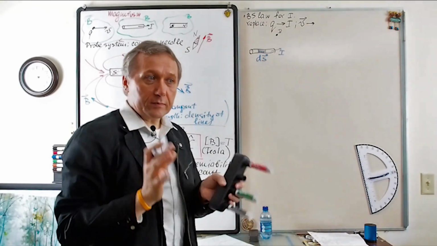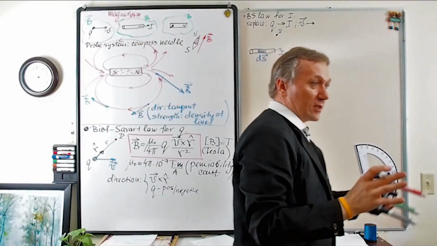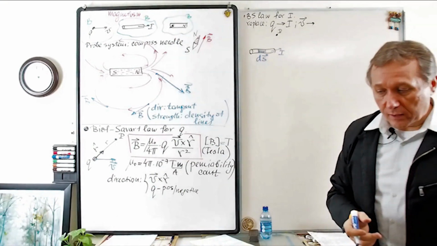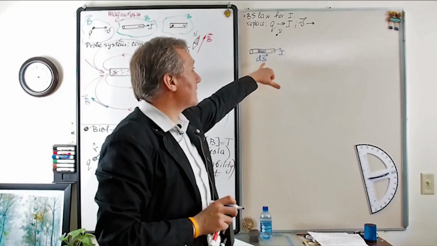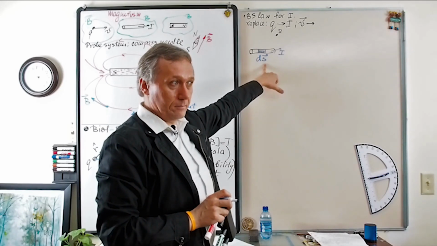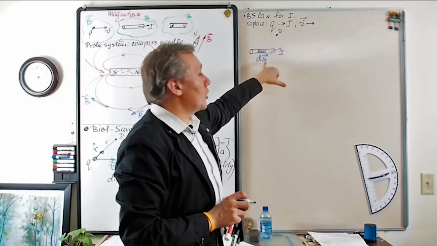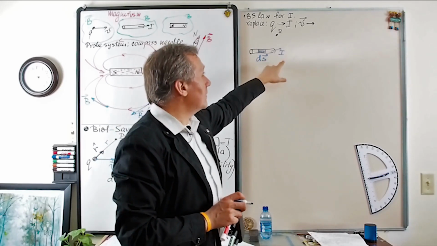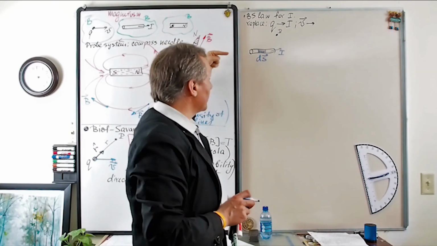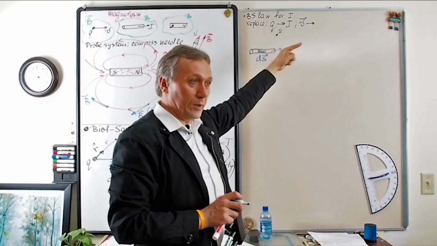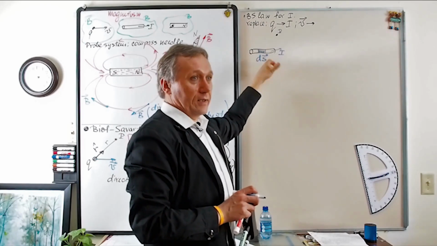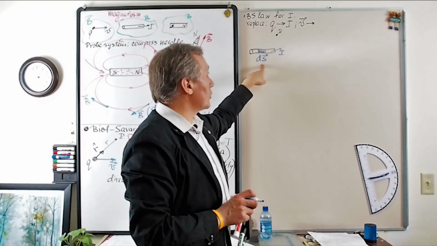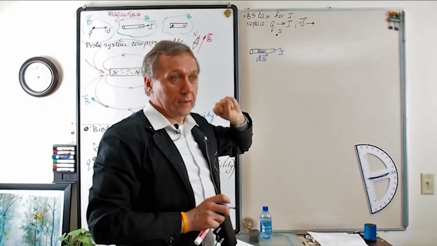Infinitesimally small means it's smaller than any length you can think of. I wrote ds as a vector on purpose. What determines the direction of this vector ds? The current. If current flows that way, ds is that way. The direction of ds is determined by the current.